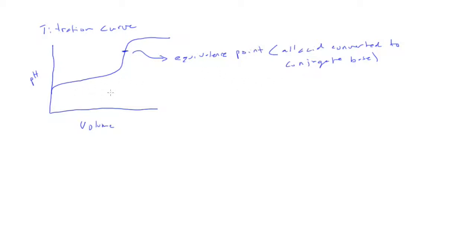Now, in between this point and the beginning is a spot right about here, and it is this spot where pH is equal to pKa, because at this point the concentration of A minus is equal to HA. So this is the point where pH is equal to pKa.